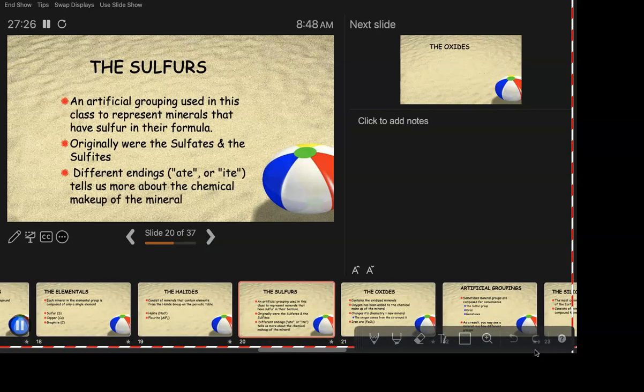All right. As much as I grumble about artificial groupings, there is one that we use. And it is for your benefit. That is the sulfur group. All right. If, again, this were mineralogy class, or even if this were at a four-year institution where I had a good chunk of geology majors, we would have 7 mineral groups.